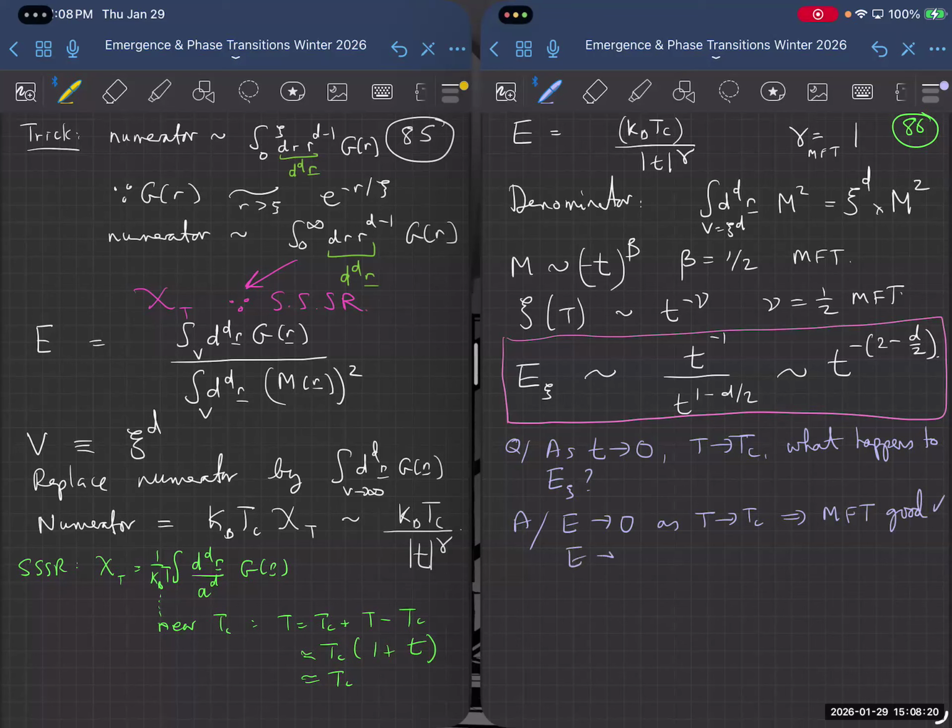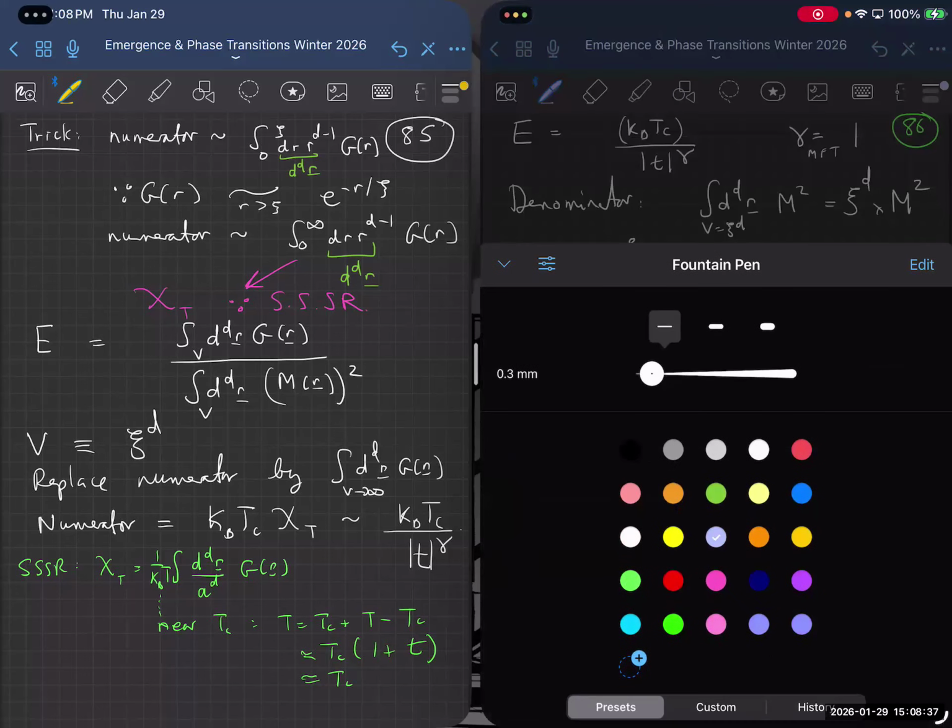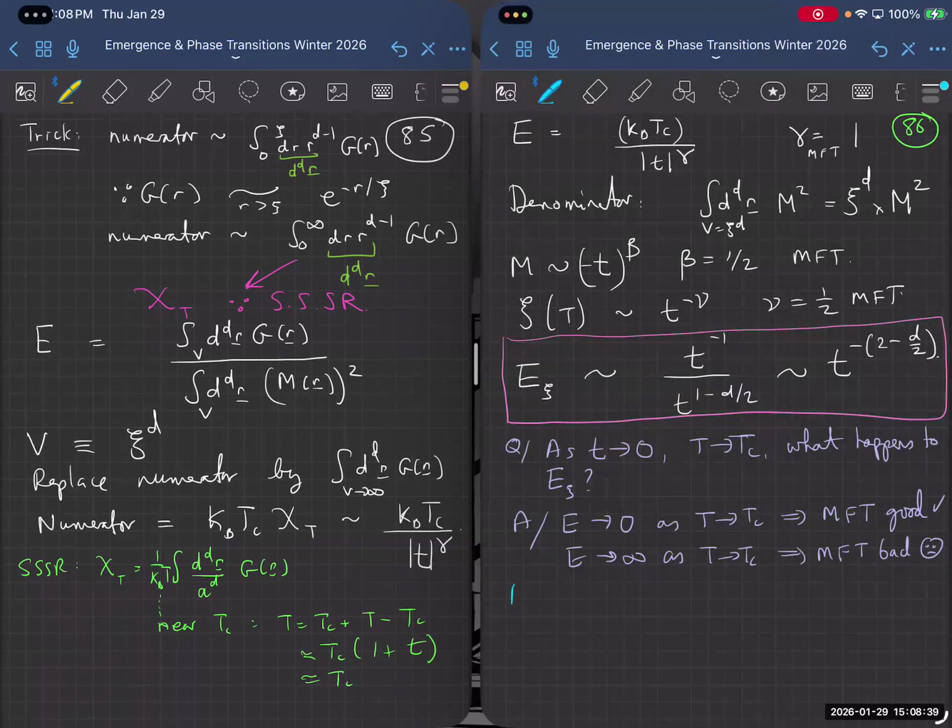If the error goes to infinity as t tends to tc, then that means that mean field theory is bad, and that's too bad for mean field theory. So the thing you can see then is the answer depends on the dimension.